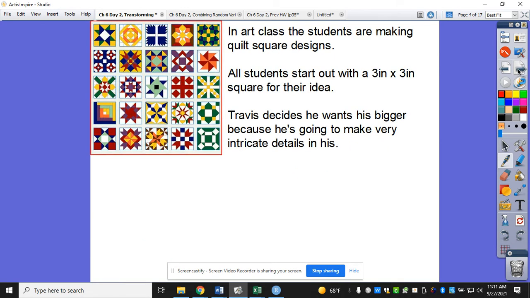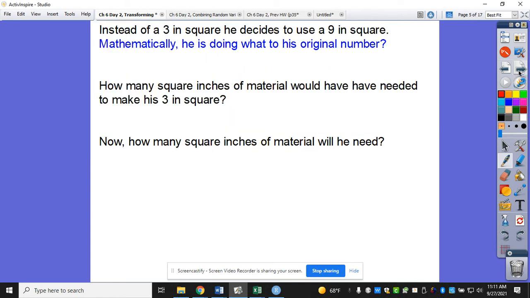So, different scenario here. In art class, the students are making quilt squares. All students start with 3-inch by 3-inch squares, their idea. This one person decides they want a bigger square because it's going to make his really detailed. So, instead of a 3-inch square, he decides to use a 9-inch square. So, mathematically, what am I doing there?